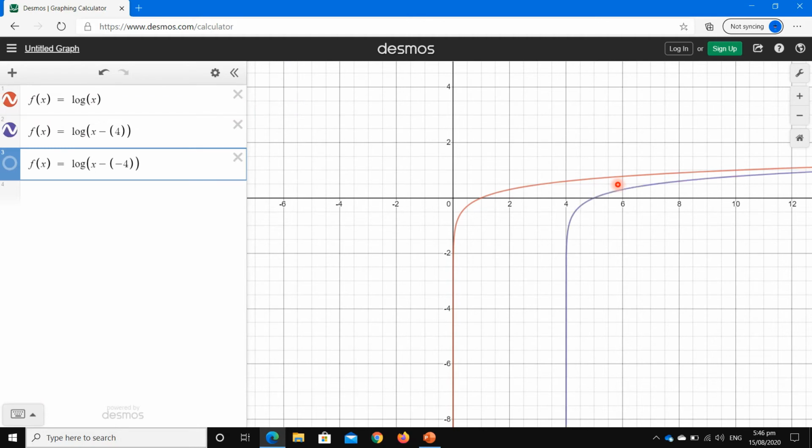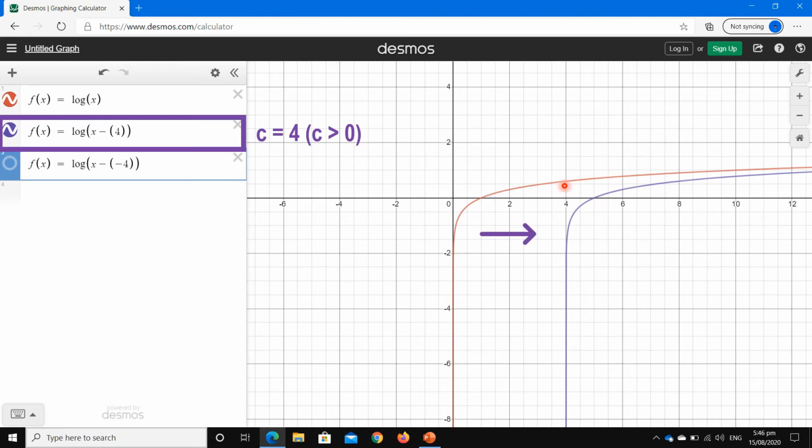Now let's look at f of x equals log of x minus 4. In this case, c is equal to 4, or c is greater than 0. We can see that from our original function log of x, by adding minus 4, or by letting c equal 4, our function shifts from this point to this point. Or basically, it shifts to the right.